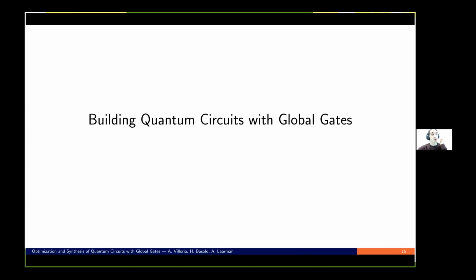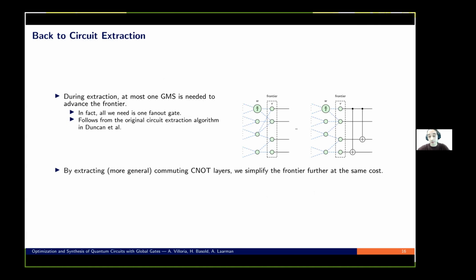And using these equalities and using this pipeline of taking a quantum circuit, making it into a ZX diagram, simplifying and then extracting, we can combine these two techniques in order to create an algorithm to compile quantum circuits for global gates, while we try to, of course, minimize the number of global gates that we get in the end.